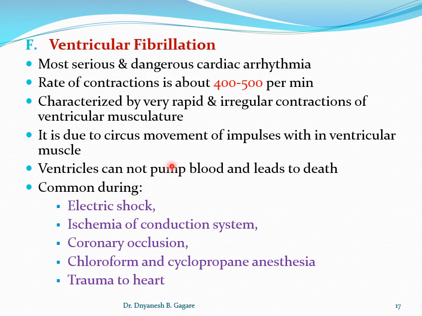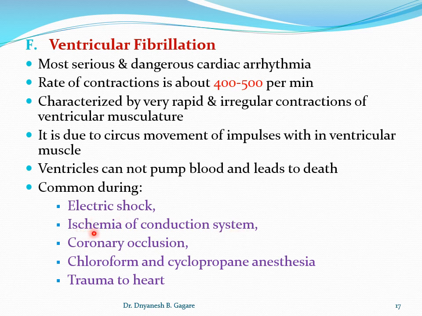So what are the causes? It is very common in electrical shock. Due to the shock, the electrical activities get disturbed, and fibrillation can develop in the ventricle. It also occurs in ischemia of the conduction system. You know what ischemia is?